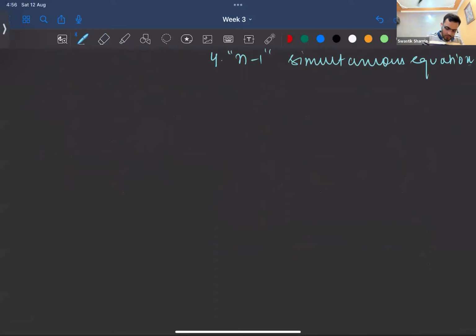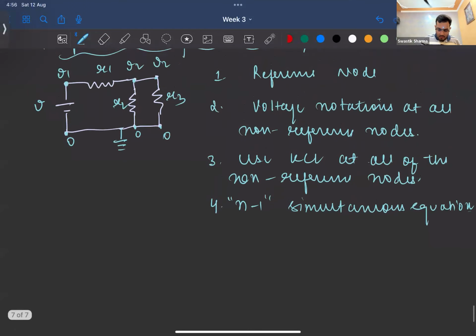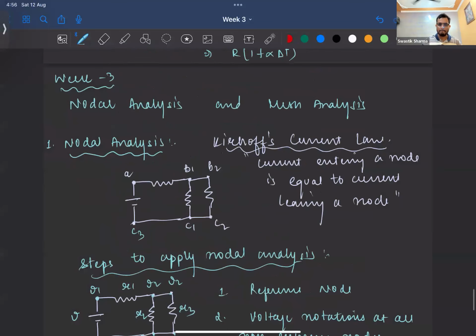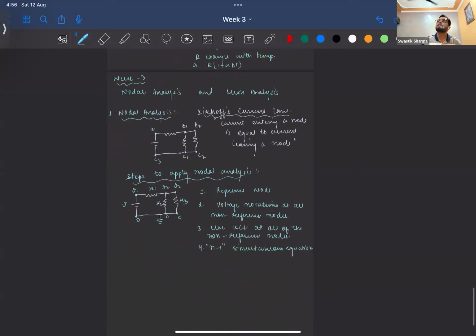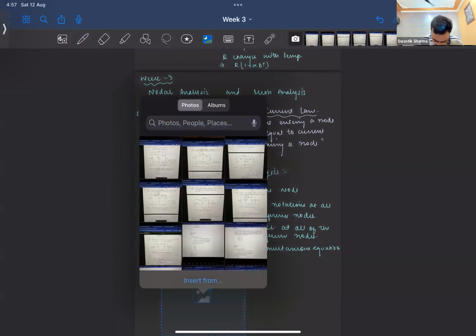So let's do one question. First of all, before moving on to the question, anyone who has a doubt in nodal analysis can let me know. Anyone?